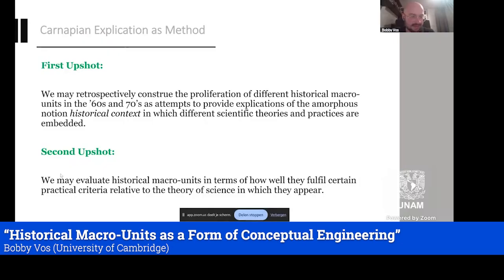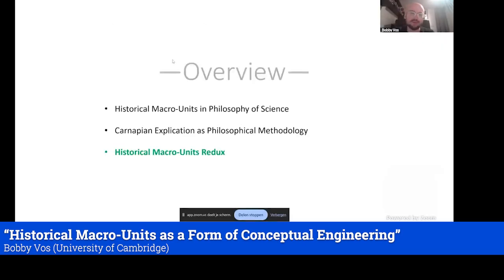And secondly, and this is particularly interesting, we may evaluate historical macro units also in line with the strictures of explication. So evaluate macro units in terms of how well they fulfill certain practical criteria relative to the theory of science in which they appear. And this lens allows us to not only retrospectively reconceptualize this proliferation of historical macro units, but also to see a new place for them within the practice of philosophy of science.